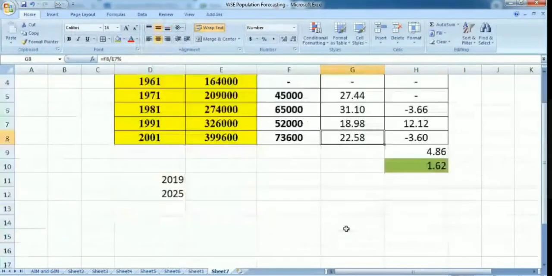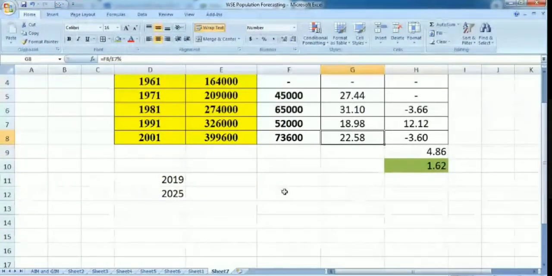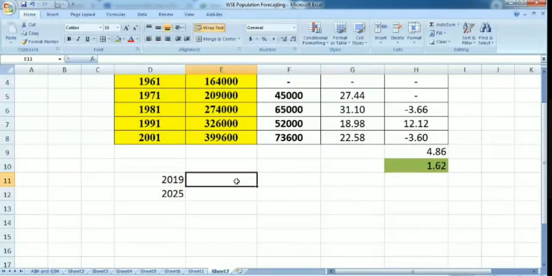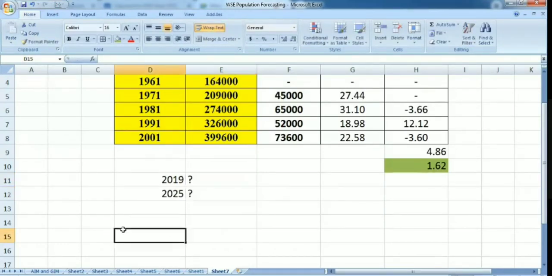Okay, fine. Now you need to find out the population for the year 2019 and 2025. How are you going to go for this? Can anybody try the answer?